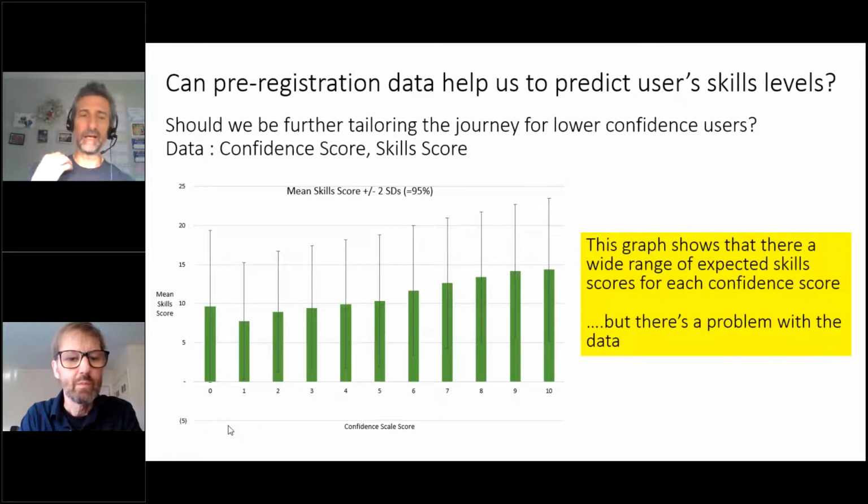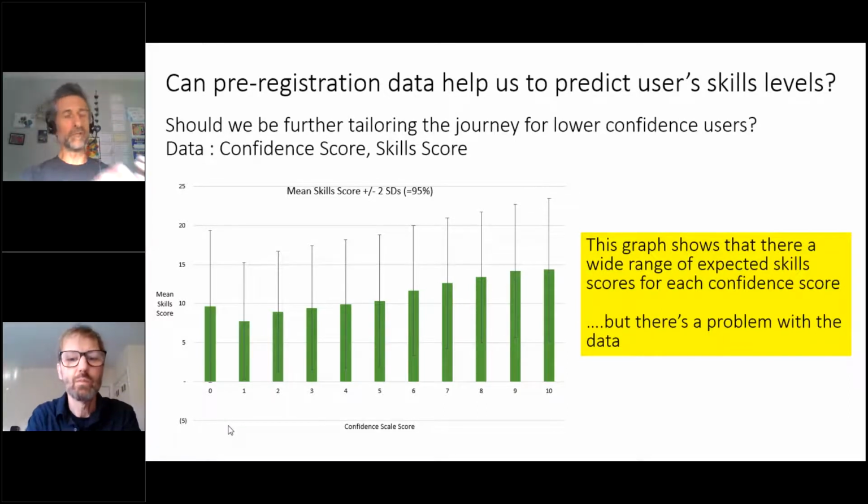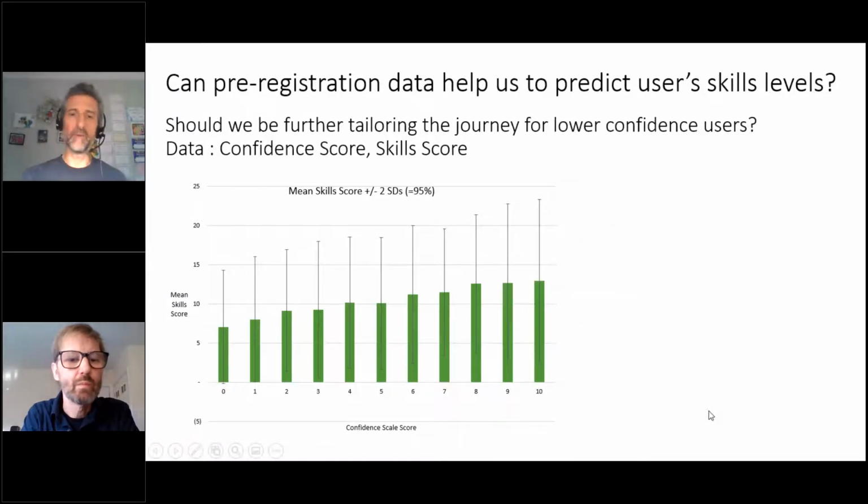If you went through the registration process, but didn't choose to answer the scale score question, the system assumed you'd said 0. So there was actually a whole bunch of people going in there that wouldn't have said 0, they just hadn't answered the question. So we had to go and fix the data before we could analyse. There was no way we could strip these people out at all. So we had to fix the problem, and we've got this new data now, and it does match that pattern that we would expect. As confidence increases, so does skill.